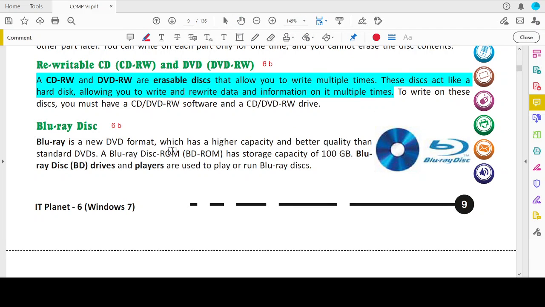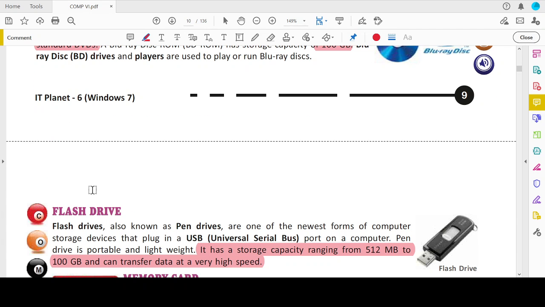So it is having a higher capacity and better quality than a DVD. It is of about 100 GB, right? So a Blu-ray disc is having a greater capacity of storage, and the quality is also better. But for that you need to have a separate kind of disk drive, that is Blu-ray disk drives.